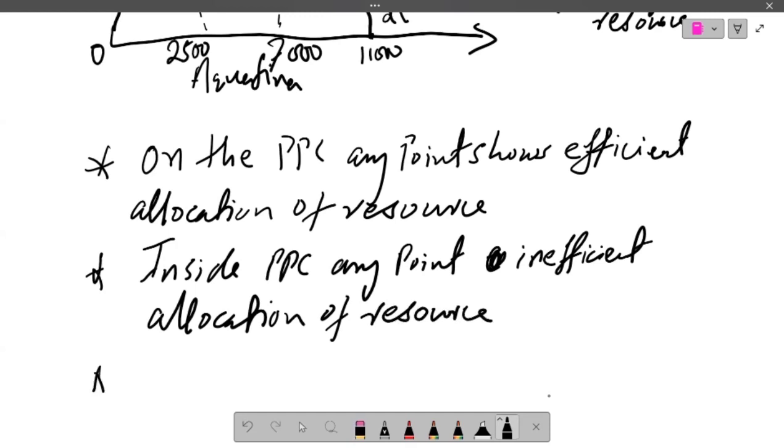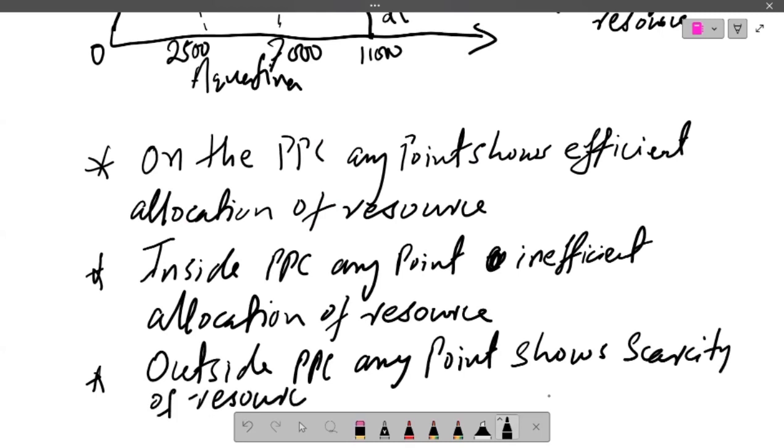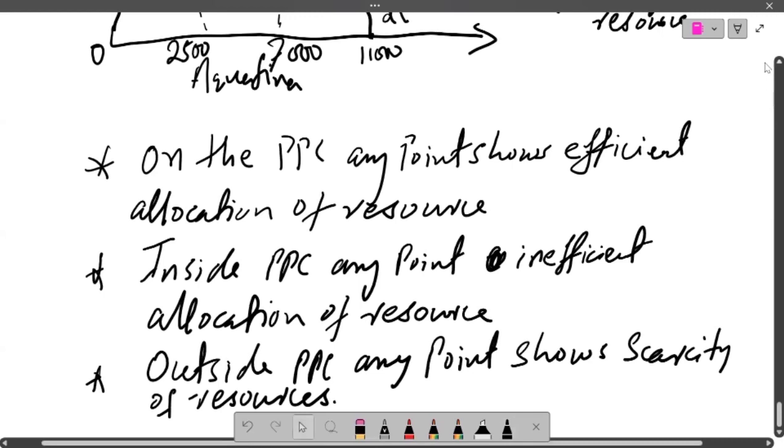So what about the outside point? You can say outside PPC, any point shows scarcity of resources. So basically, this is the summary of the whole diagram.